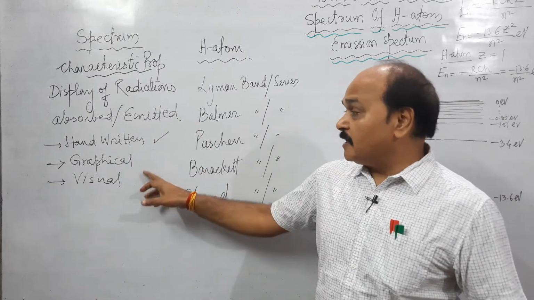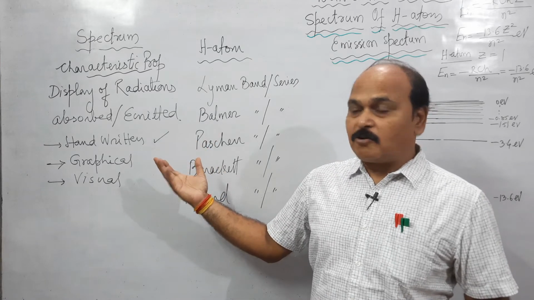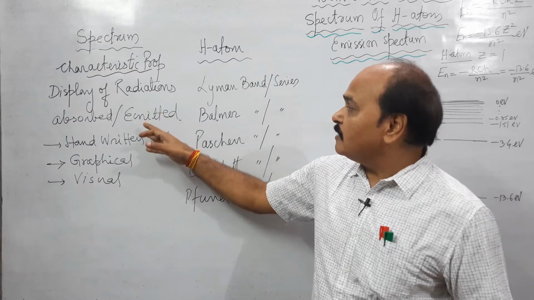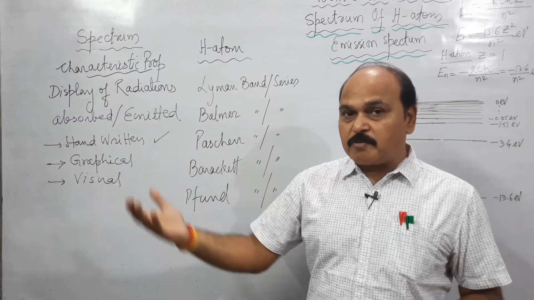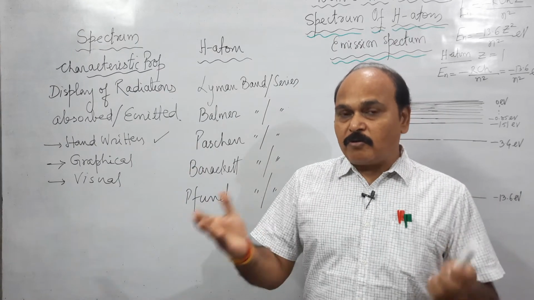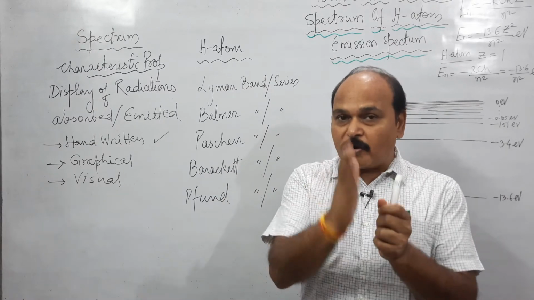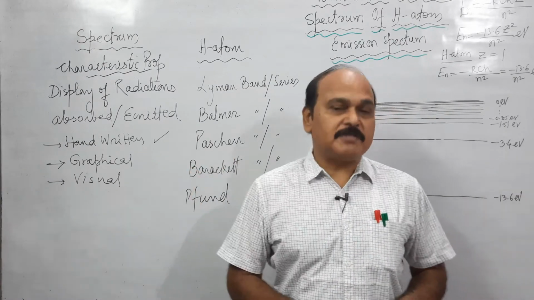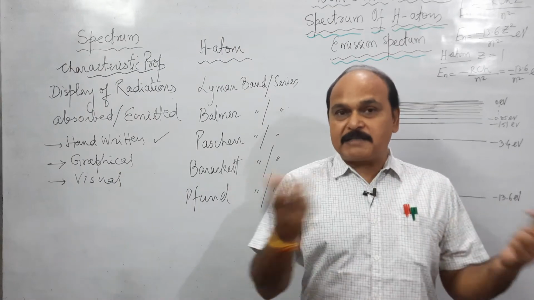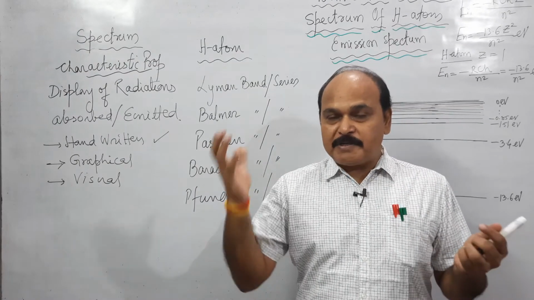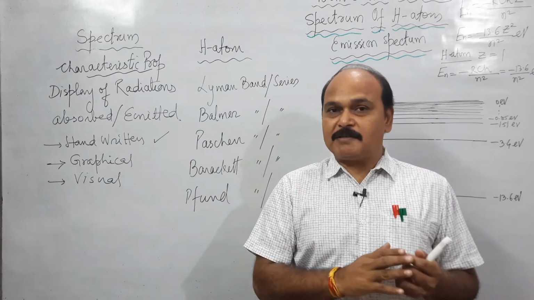It can be graphical. So how is this graphical spectrum? The set of radiations which an atom absorbs or emits out, all these radiations are plotted according to their wavelength or frequency. Along the x-axis over the graph, we take a scale to represent various frequencies or wavelengths.